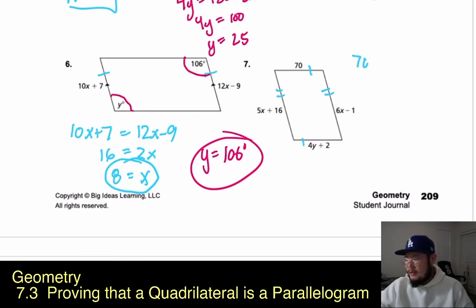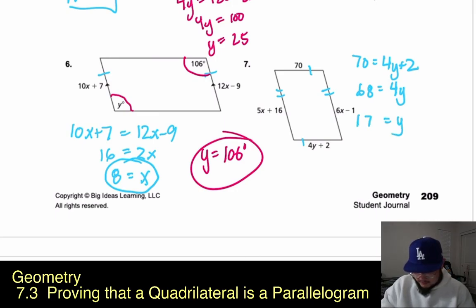We'll subtract 2 from both sides, and I have 68 is equal to 4y. After that, we'll divide both sides by 4, and y ends up becoming 17.